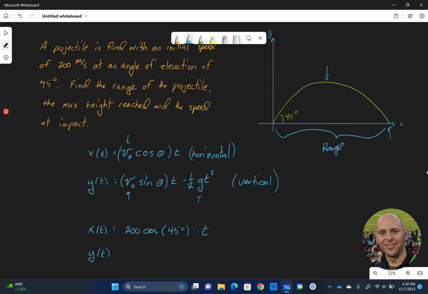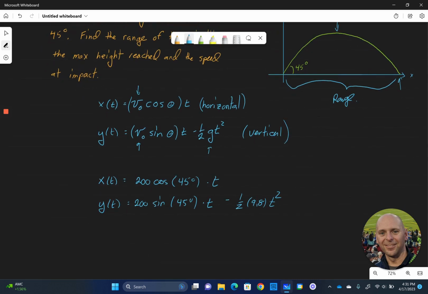Y of t is going to be equal to 200 sine 45 degrees times t minus 1/2 gt squared, again using 9.8 to represent our gravity.